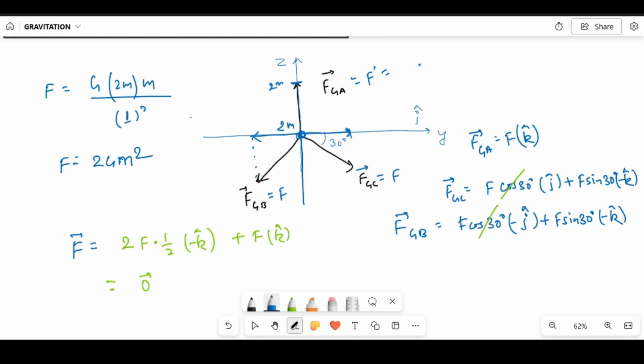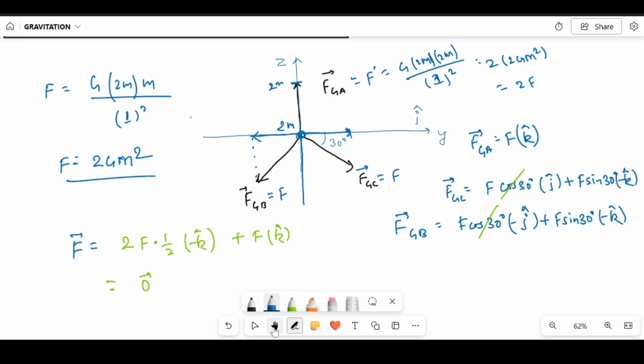So this F prime won't be 2Gm square, rather it will be G into 2m into 2m by 1 square, r is 1. So it will be twice of 2Gm square. That is twice of the previous one F, which we have taken here. So the new FGA is twice of this number.